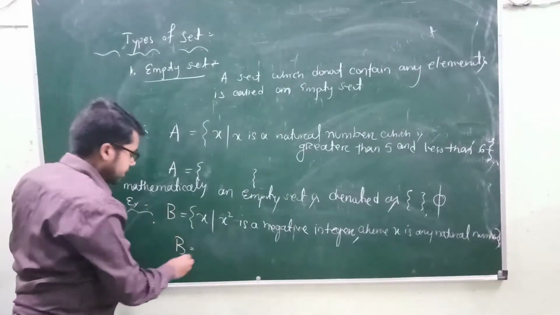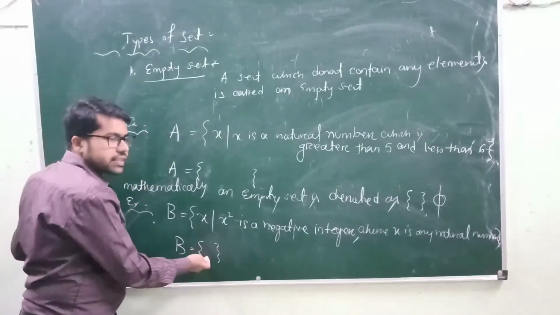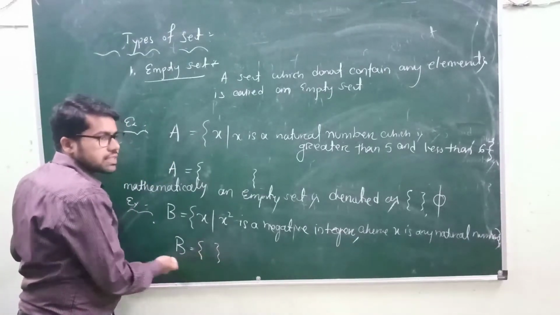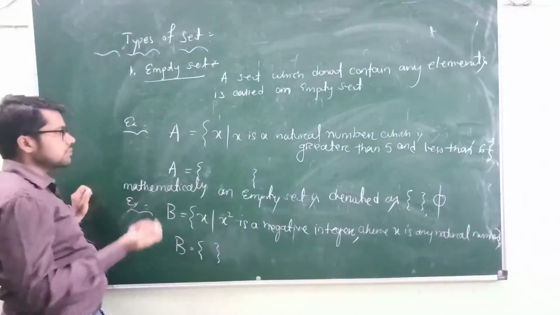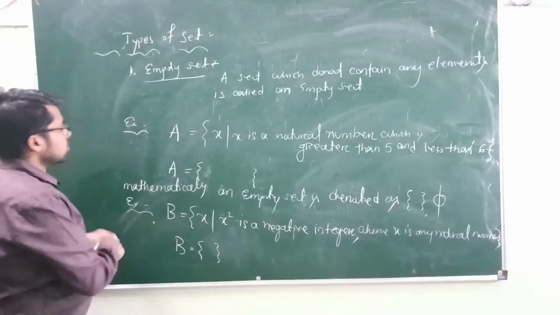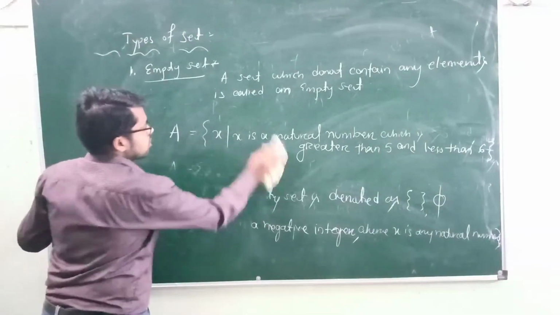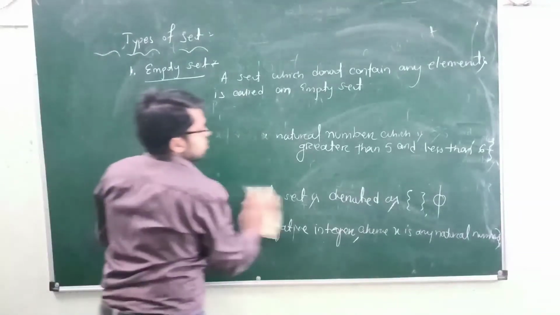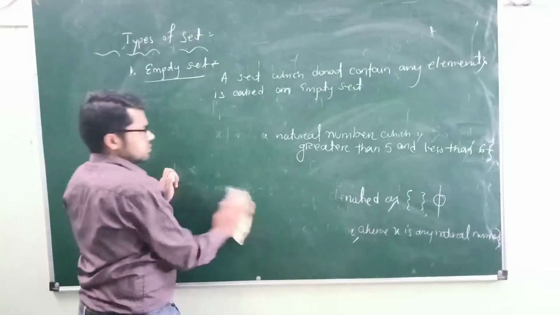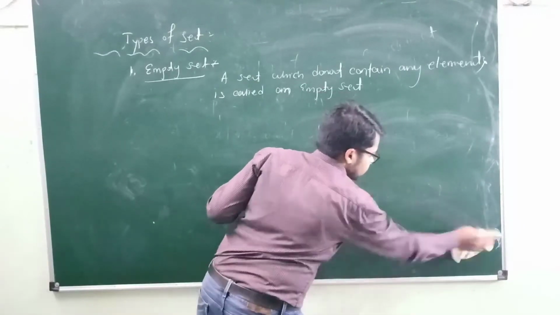If I write the set in roster format, I don't get anything. That means the set remains empty. So this is an example of empty set again, right? Okay. So this is all about your empty set. You can make many more examples of this empty set.